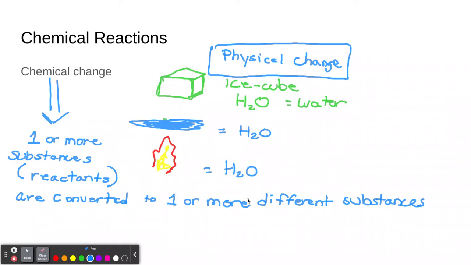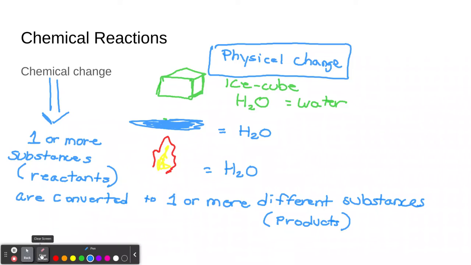And those different substances are the products. So let's read it again. One or more substances, called the reactants, are converted to one or more different substances, the products. Hold that there for a second if you want to read it again, or you can rewind.